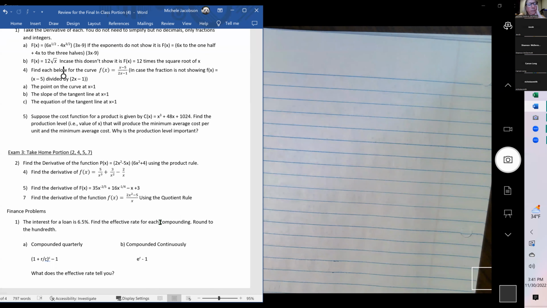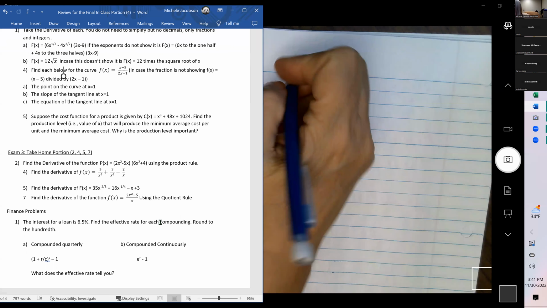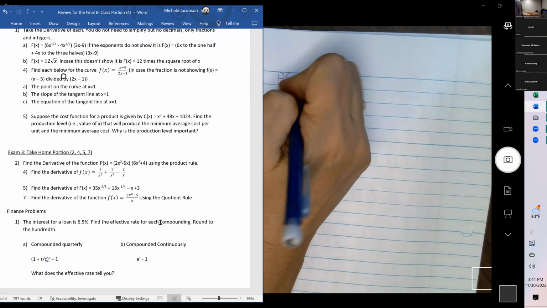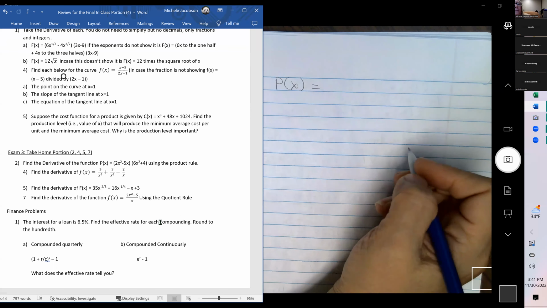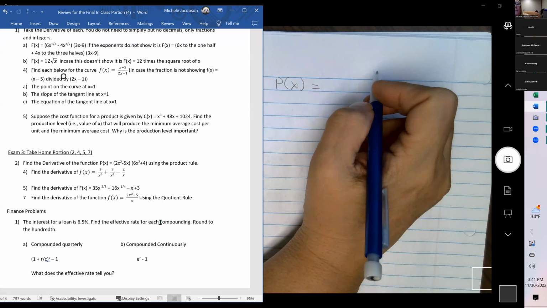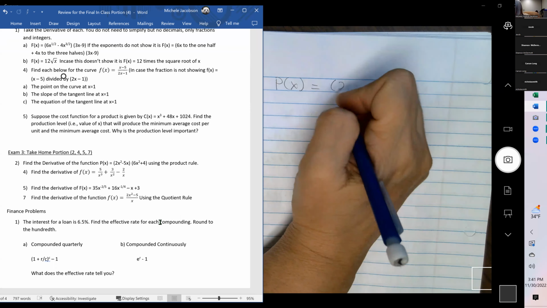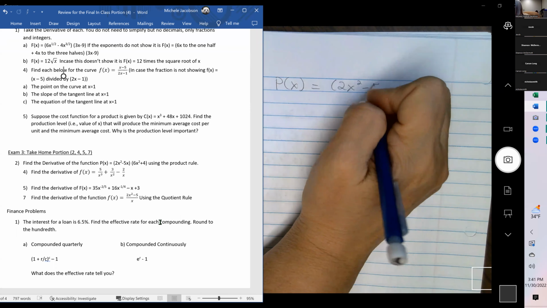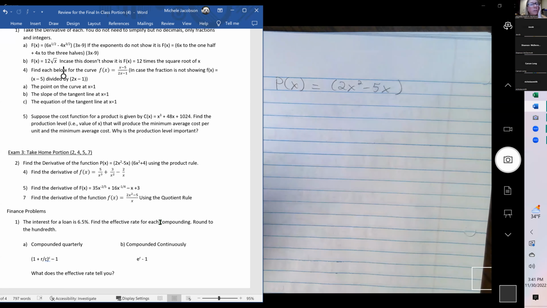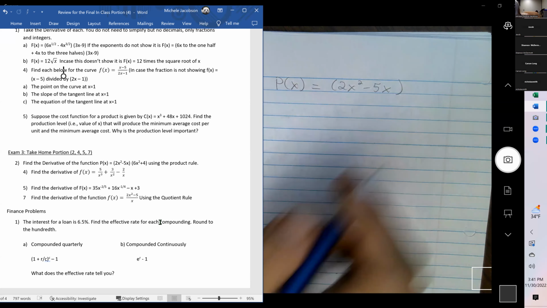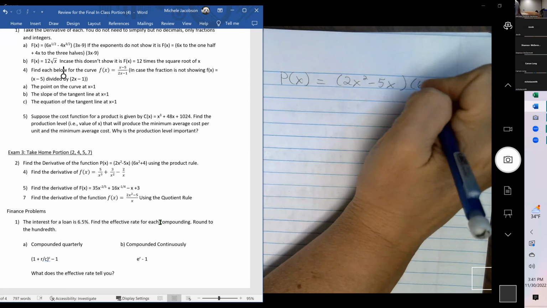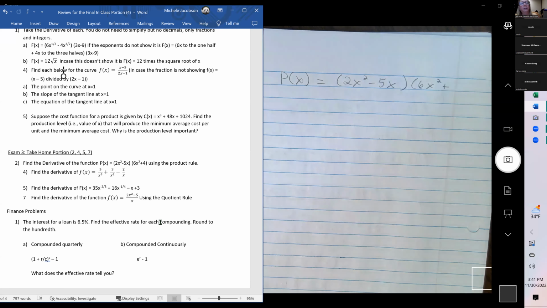Find the derivative using the product rule. So 2x squared minus 5x times 6x squared plus 4.